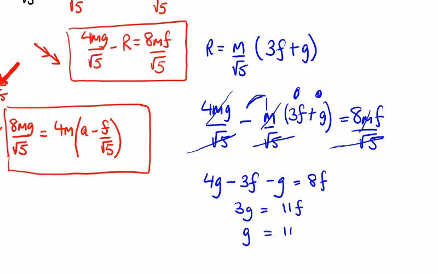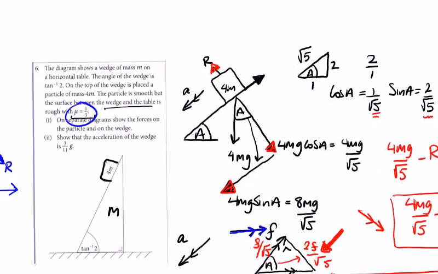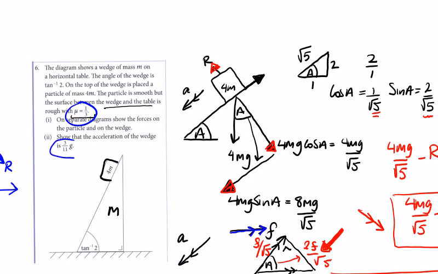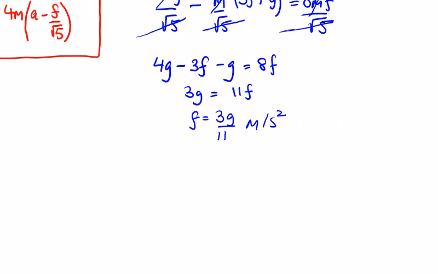F is equal to 3g over 11 meters per second squared. Let's see what we were asked to find. We have f, 3g over 11, the acceleration of the wedge, which was f for us. Question done. Nice bit of maths involved.